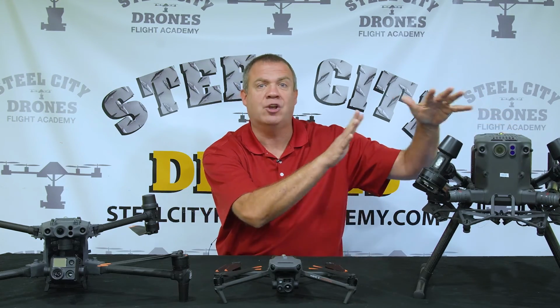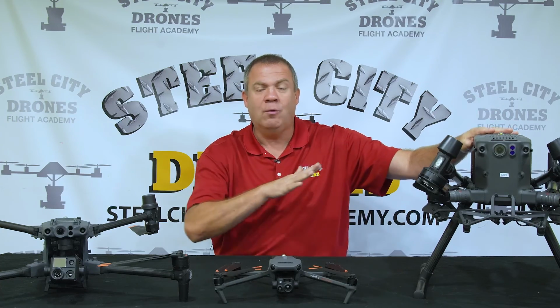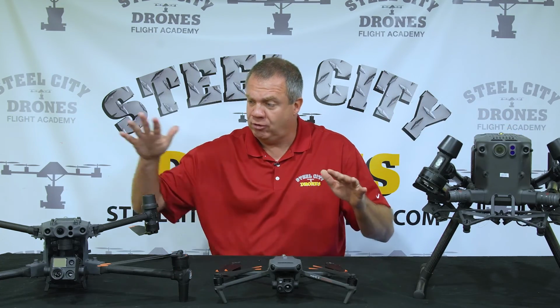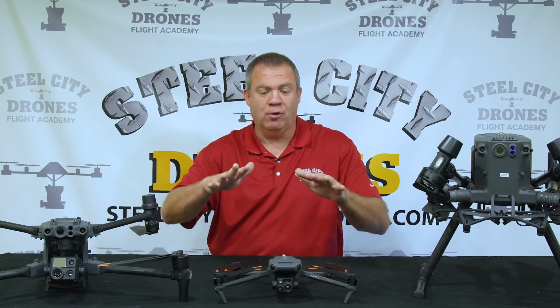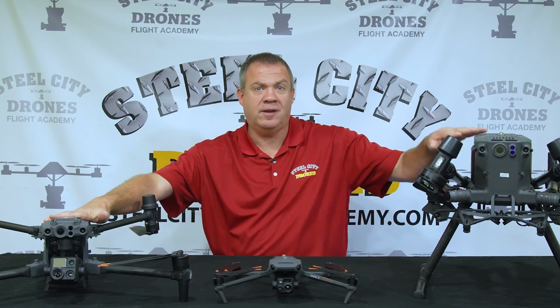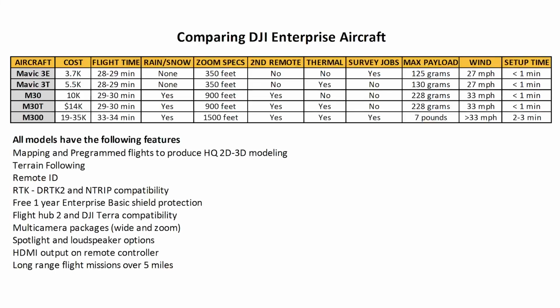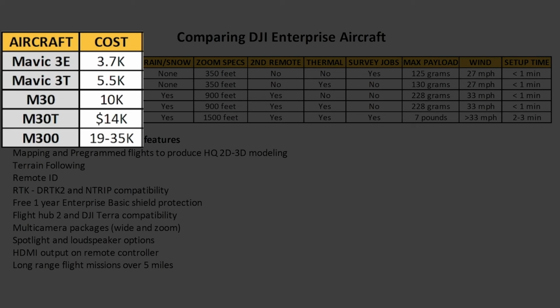So this is like the Corvette of drones. We'll talk about more of these, but you can see the price goes from here to here to here. And again, when you get more features, more functionality, more ability to do different types of things, it's going to increase with the cost.